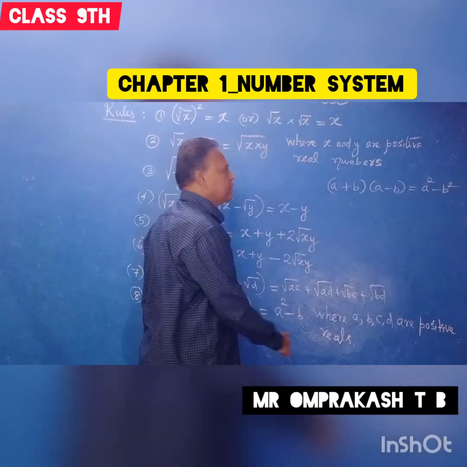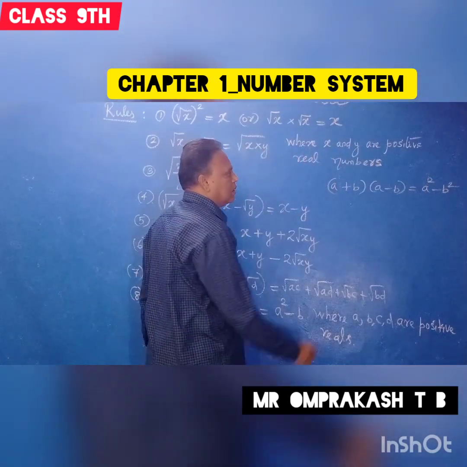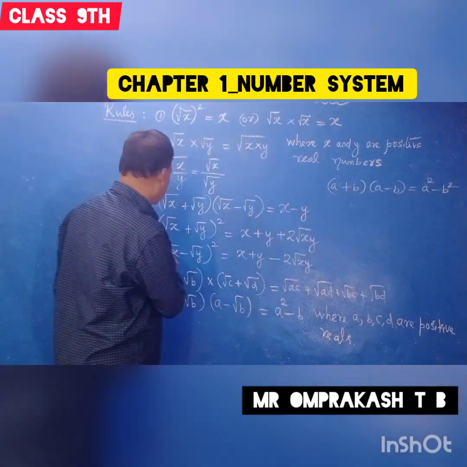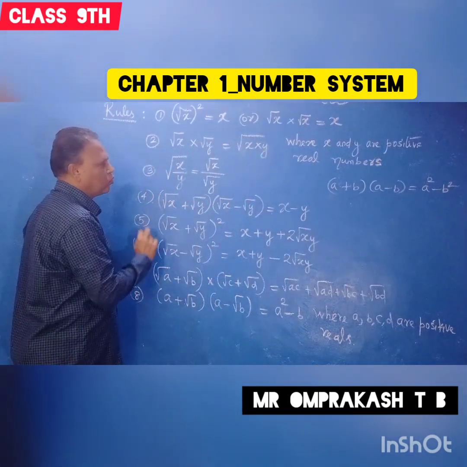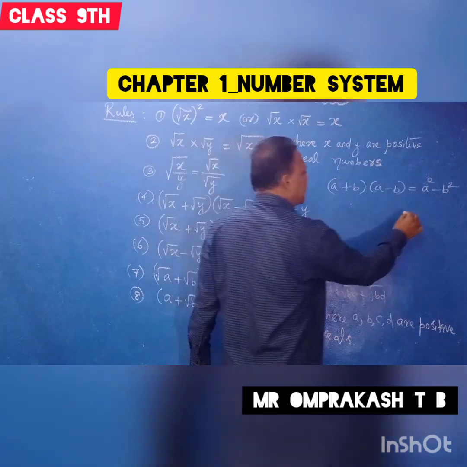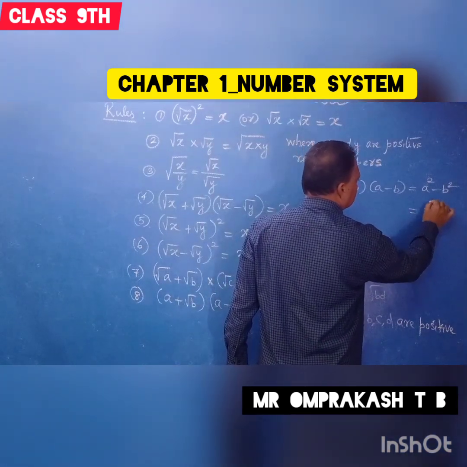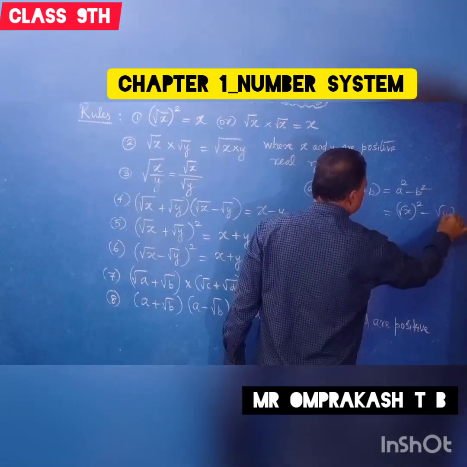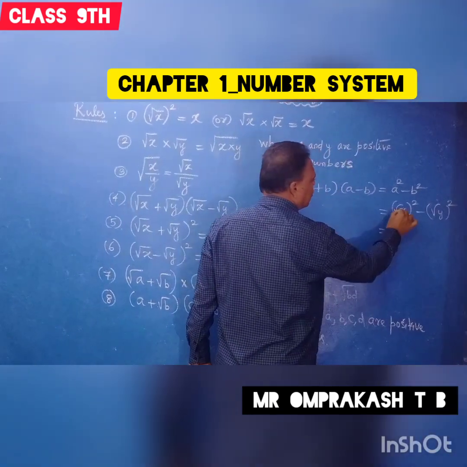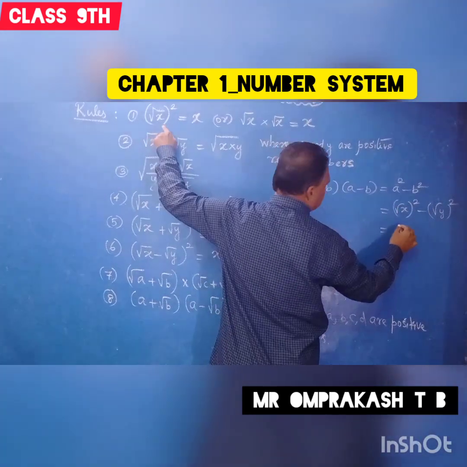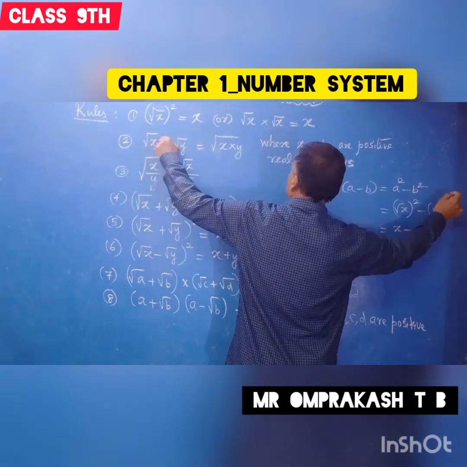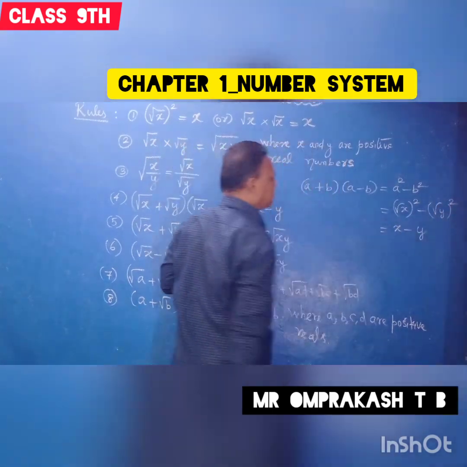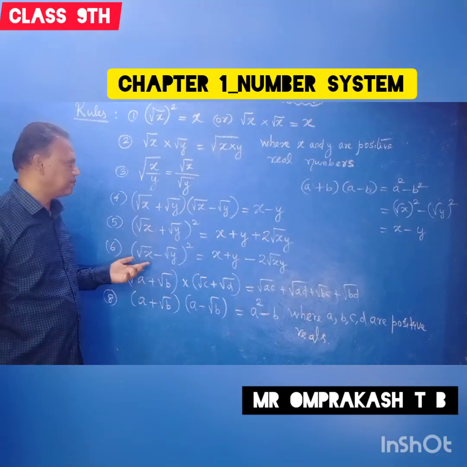But here you have root x and root y. So you put a is root x whole square, minus b is root y whole square. Root x square is, by the first rule, x. Root y square is y. That's all, x minus y you will get.